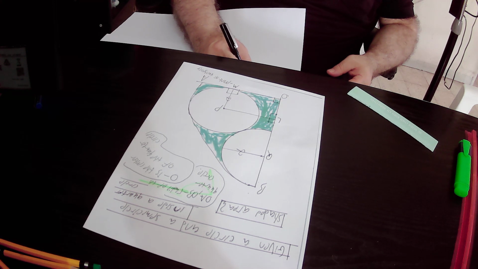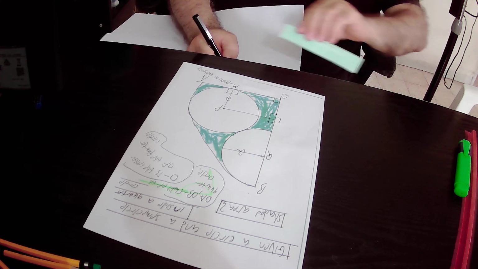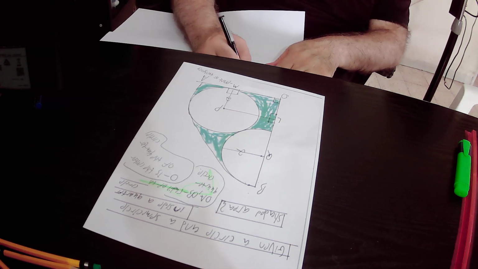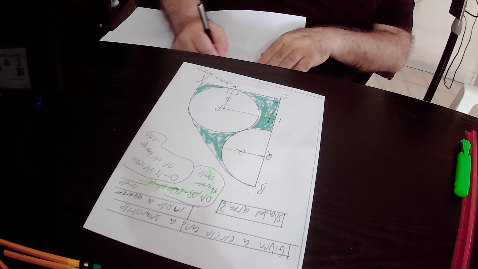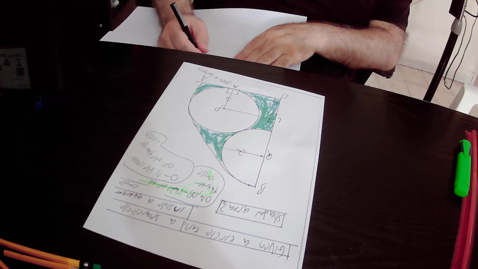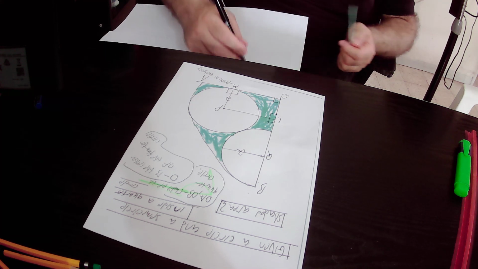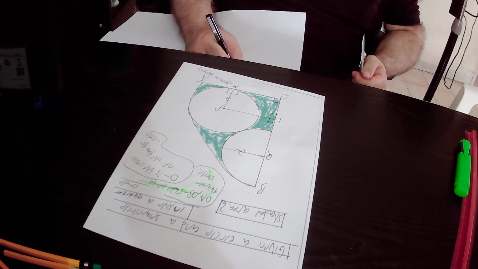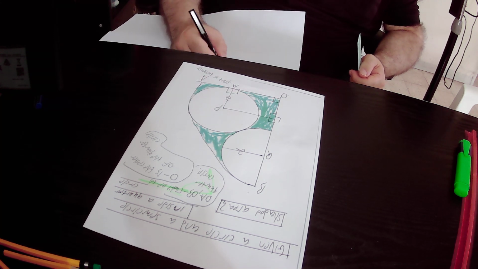Quadrilateral LPOM has 1, 2, 3 right angles, and the sum of 3 right angles is 90 times 3, which is 270 degrees, plus the size of the fourth angle, that is actually angle LPM.